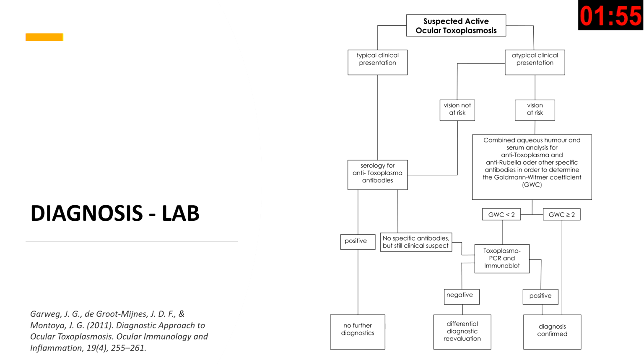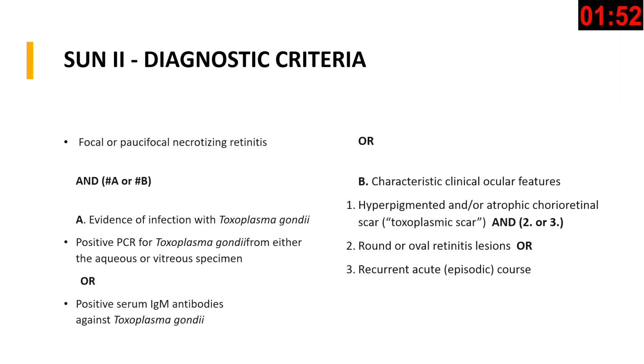According to the Sun classification, it has to have a focal necrotizing retinitis, and it can be either A or B, A being evidence of infection on the basis of either PCR or antibodies, or B being typical findings like a hyperpigmented scar, with the lesion coming off the side of it. They are oval or round, and they can also be recurrent.